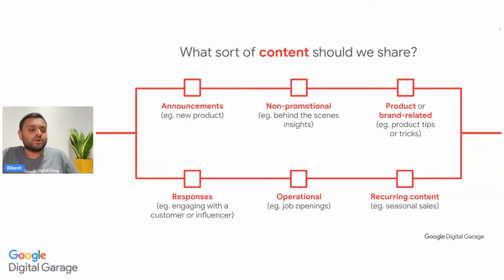But the one thing I'd always mention with regards to posting content is, let's say, for example, you have a social media presence on 2 platforms, and you think, oh yeah, they're the 2 platforms that my audience are spending the most time on. Great.